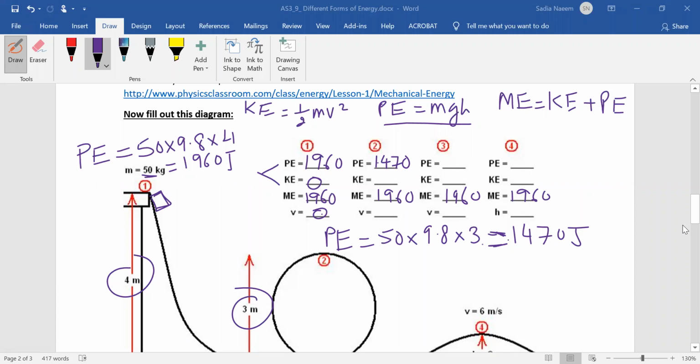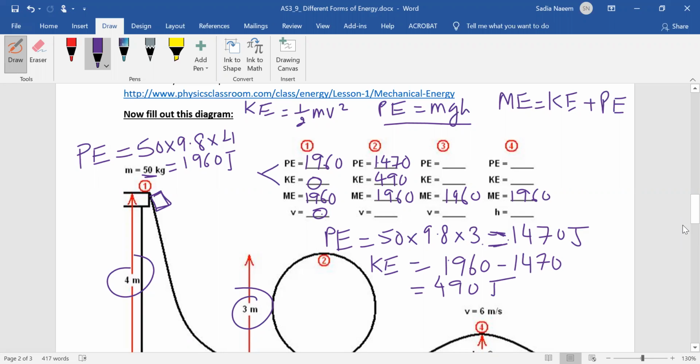So how do we find that? By simply taking the difference between the two. So KE would be 1,960 minus 1,470, which is 490 joules.